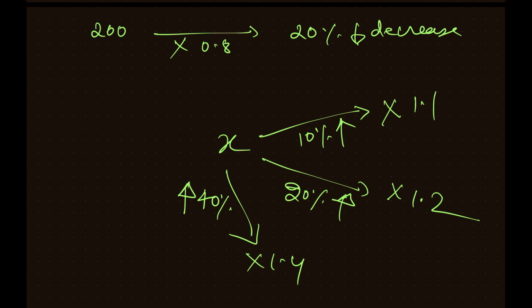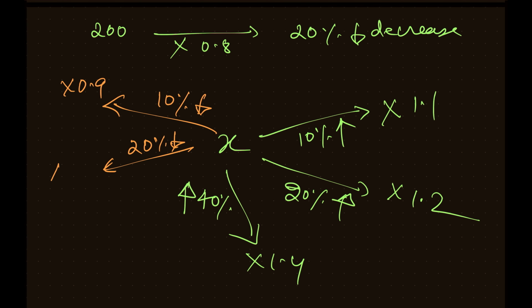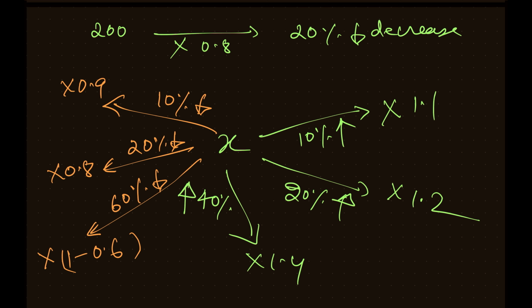On the other hand, if you want to decrease it by 10%, multiply by 0.9, decrease by 20%, multiply by 0.8, and if you want to decrease by 60%, multiply by 1 minus 0.6, that is 0.4. So you can use these to directly calculate without going through all the steps, because these are very easy and they will speed up your calculation.